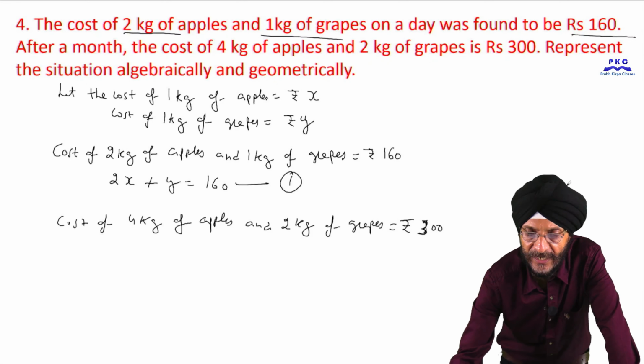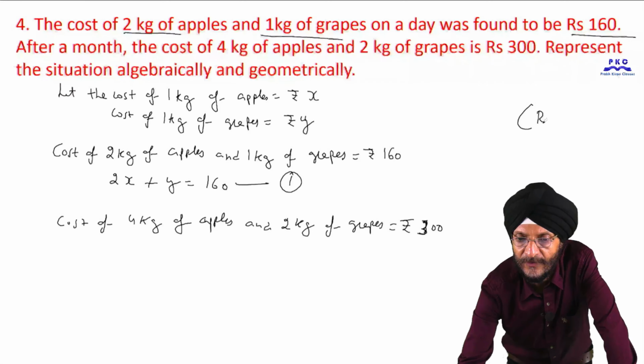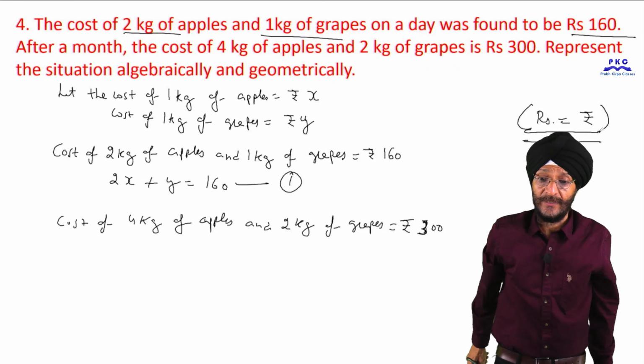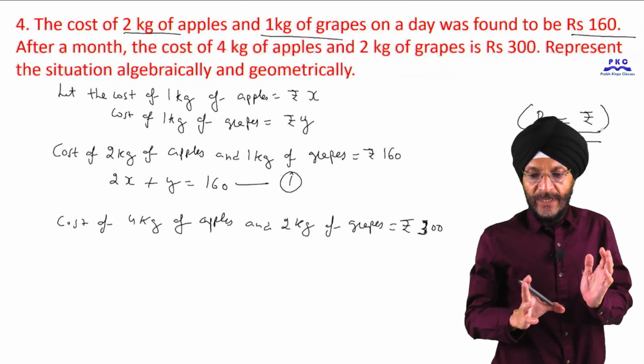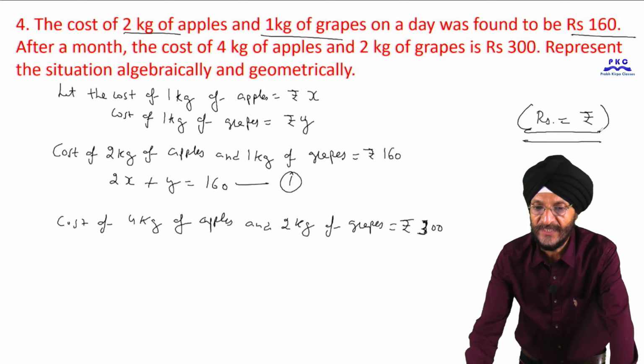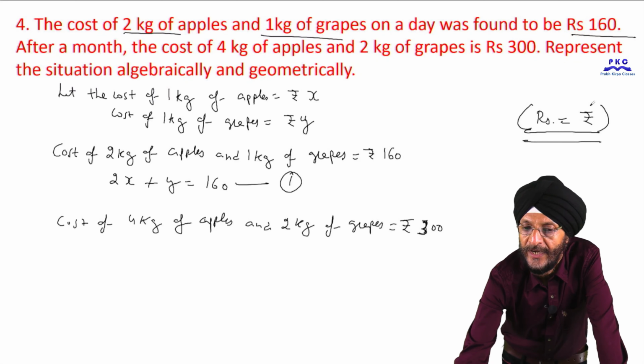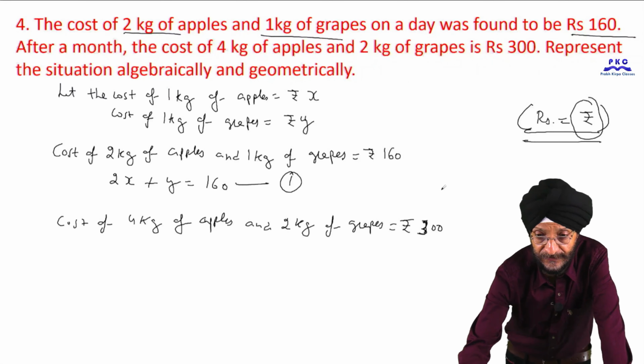It may be added that we may write it as rupees or as the rupee symbol. It is one and the same thing because in India the currency was earlier written with this rupees. Now it is being written as this.